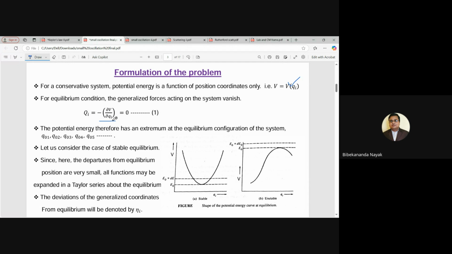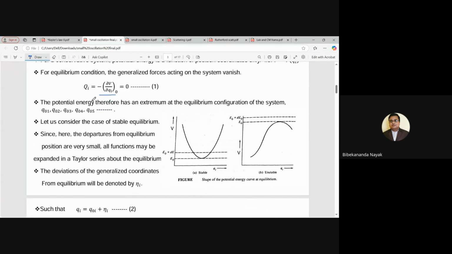So del V by del Qi is equal to 0. Let's say we consider points Q01, Q02, the extremum of the equilibrium configuration. Suppose a system has many points. For the first point, when it is in equilibrium, the coordinate is Q01, second point Q02, third point Q03. A system with a number of particles, for each particle.